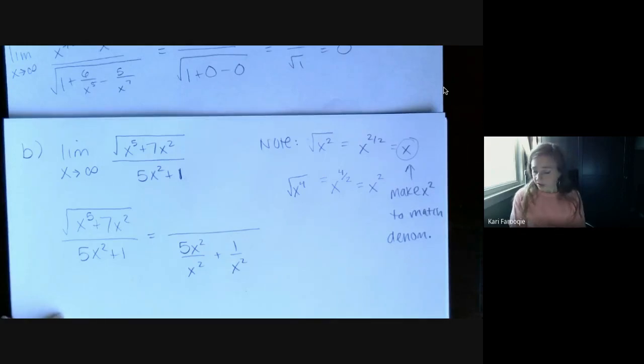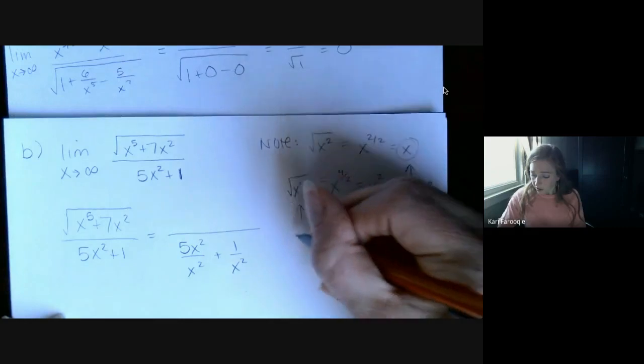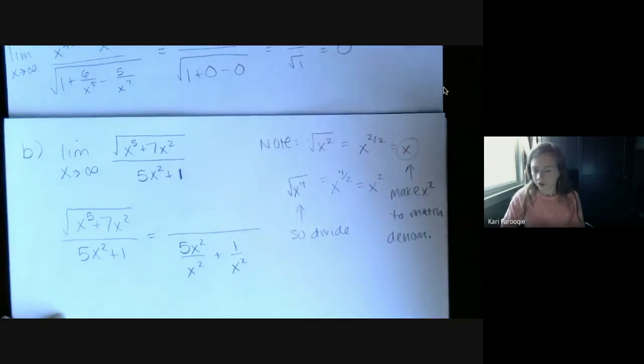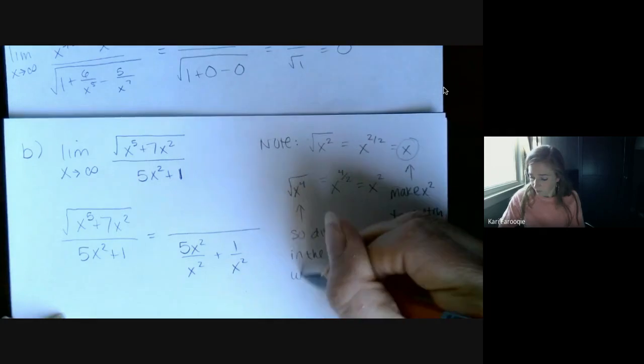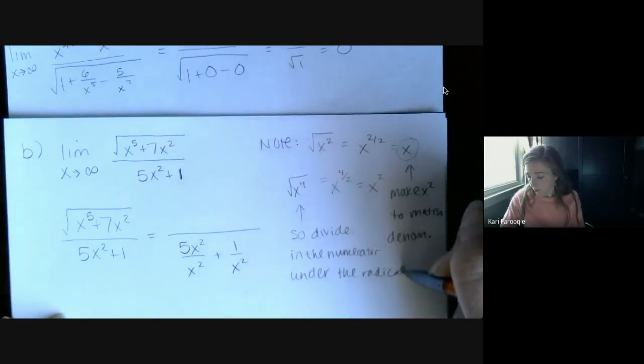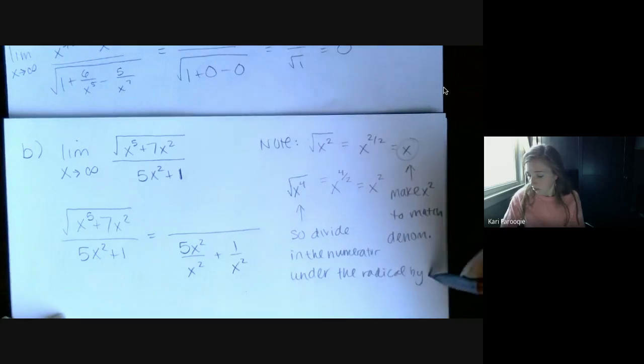So that means that I'm going to divide in the denominator, or I'm sorry, in the numerator. So divide in the numerator under the radical by x to the 4th.